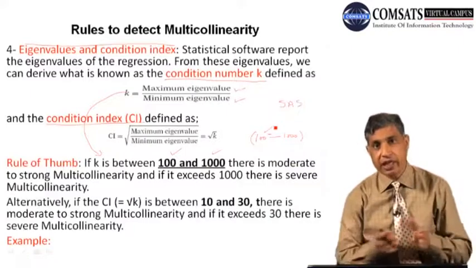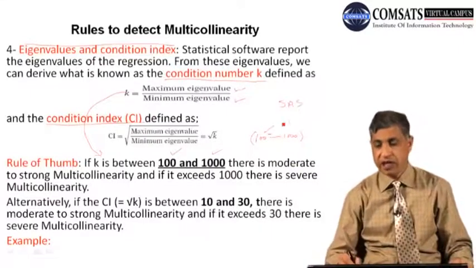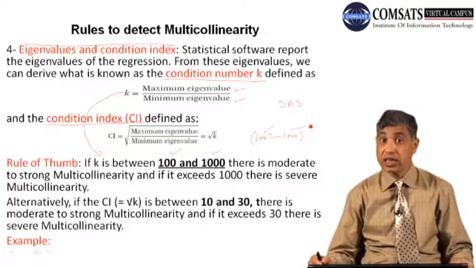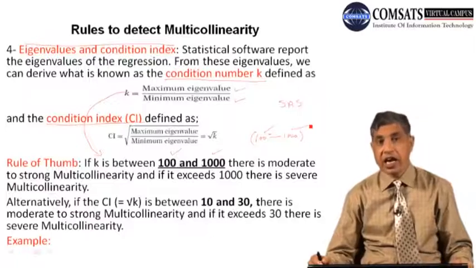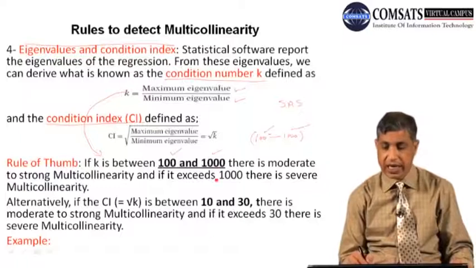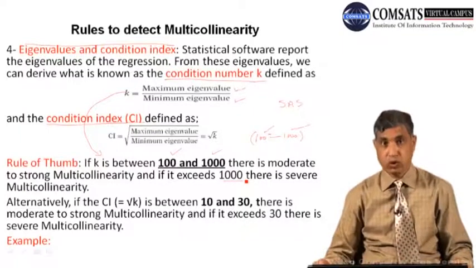As you are very near to 100, there is moderate multicollinearity, and when you are very near to 1000, there is very strong collinearity. And if the value of k exceeds 1000, there is severe multicollinearity.